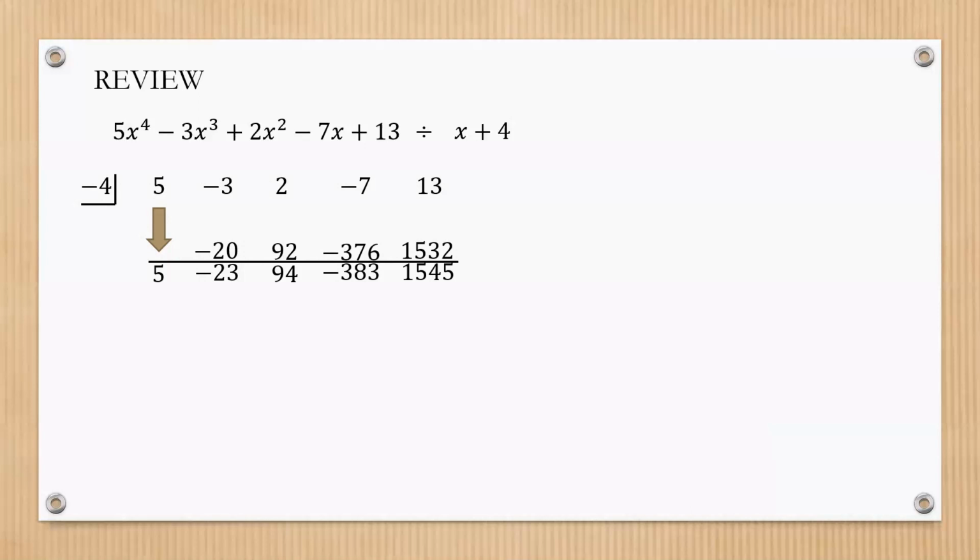So ang sunod natin dito, x to the fourth to x cubed na. So yung 5 natin has 5x cubed. Sunod yun din, negative 23x squared, positive 94x, negative 383. And notice yung 1,545 natin is our remainder. So we put this one as plus 1,545 over x plus 4.